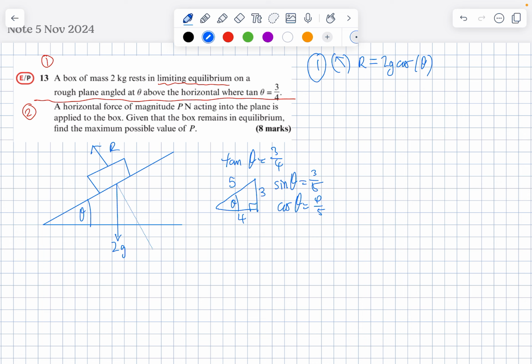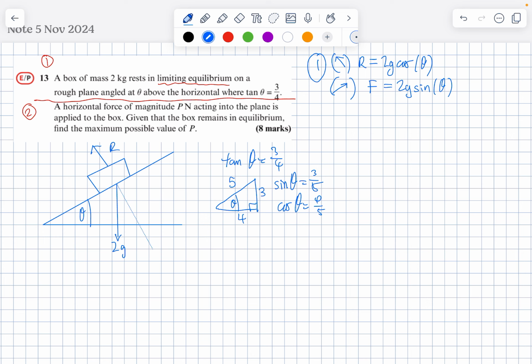And then we want to go up the plane. So what force is going up the plane? Well, the only force acting against the weight must be friction. So that means that F is equal to 2G sine theta.